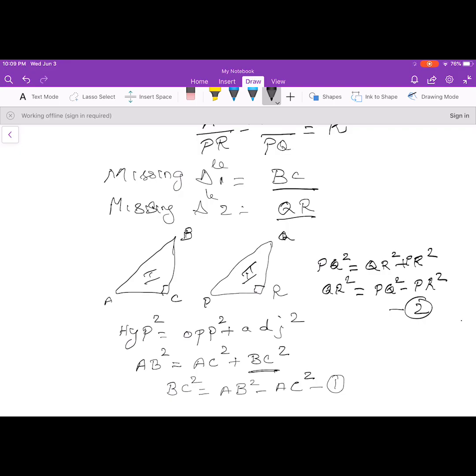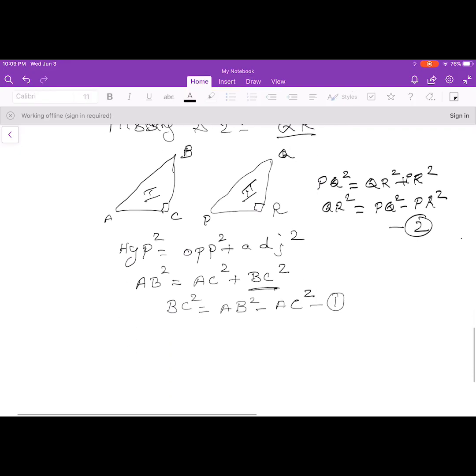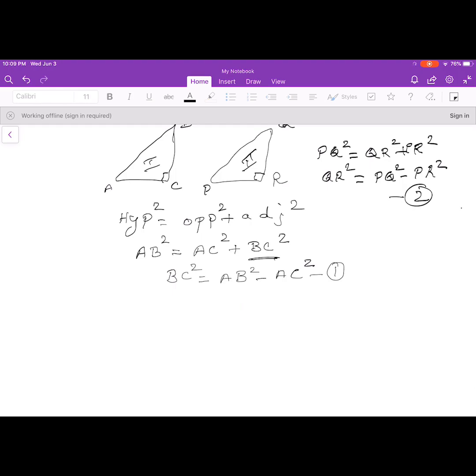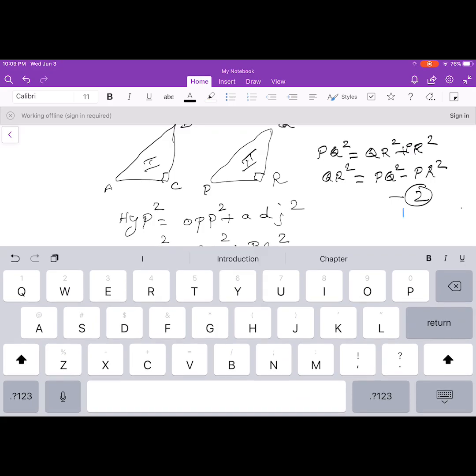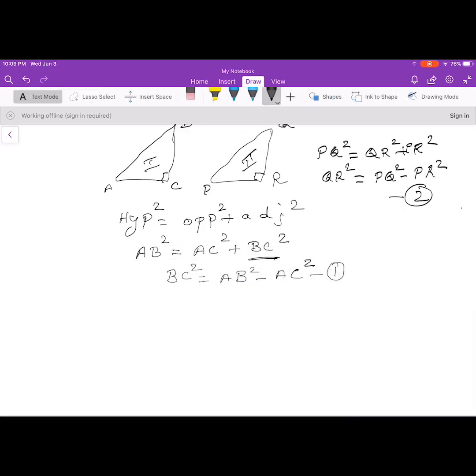Now I will divide BC square by QR square. So, sorry. BC is equal to root of AB square minus AC square. QR is equal to root of PQ square minus PR square.